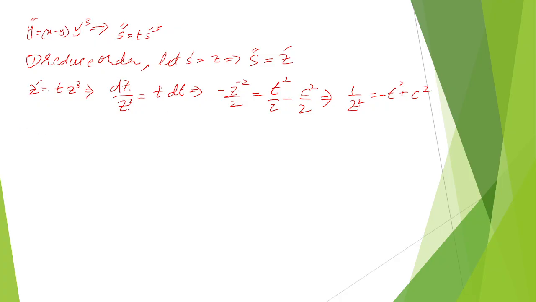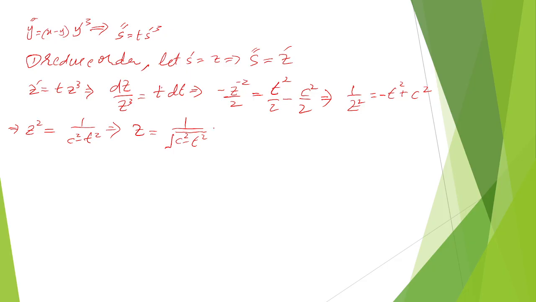So from here I can write that z square is equal to 1 over c square minus t square, and that implies that z is equal to 1 over the square root of c square minus t square. I am taking the positive root. There are two roots, positive and negative, but I am taking the positive one.